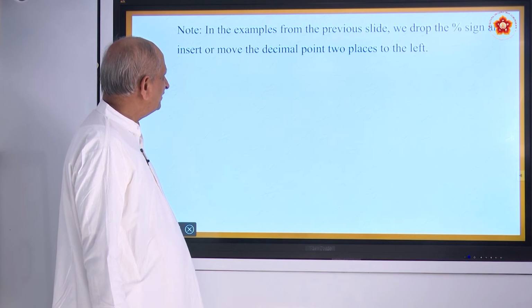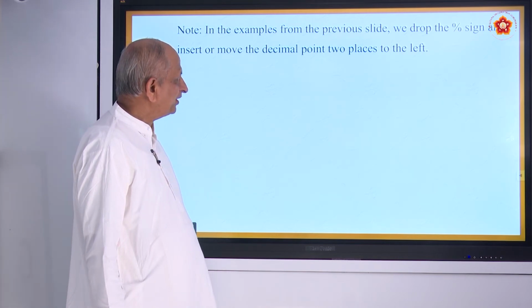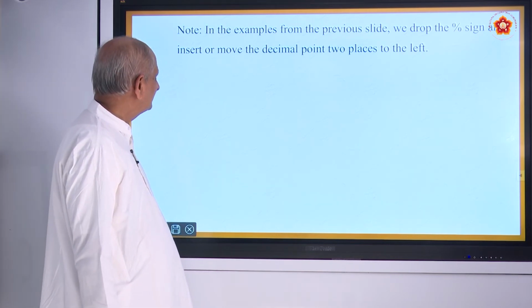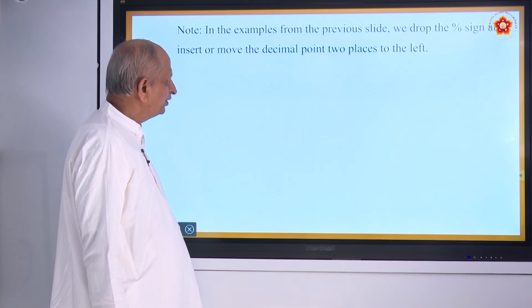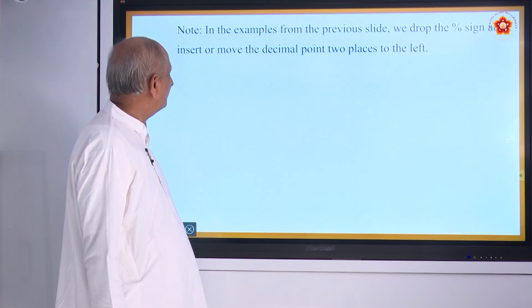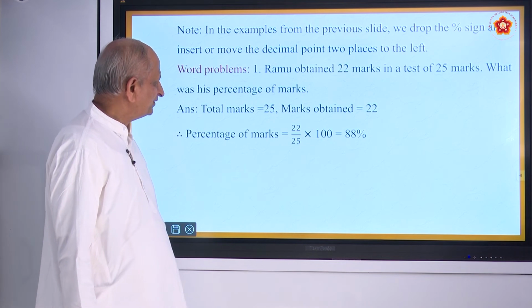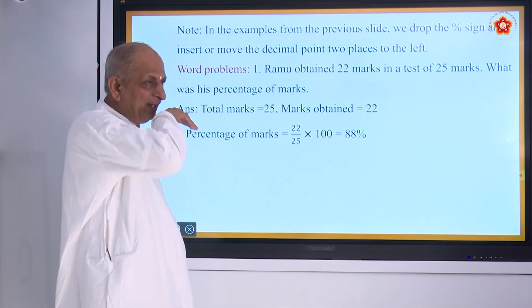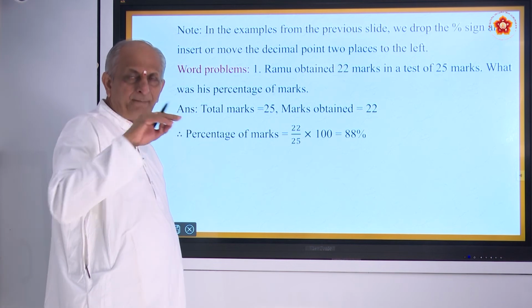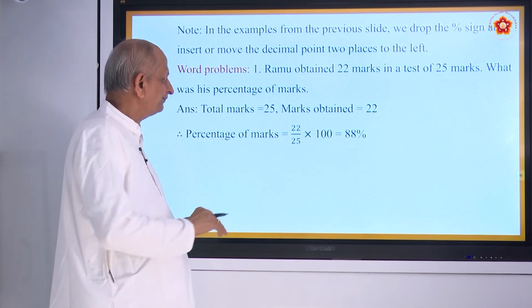Now in the examples from the previous slide, we drop the percentage sign and move the decimal point 2 places to the left. That is what we have just now seen. Now we will see some practical problems, meaning problems of daily life.